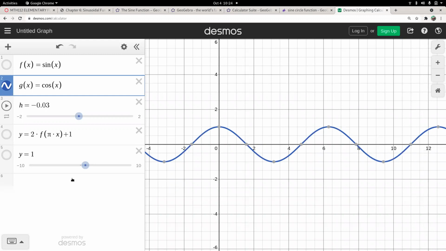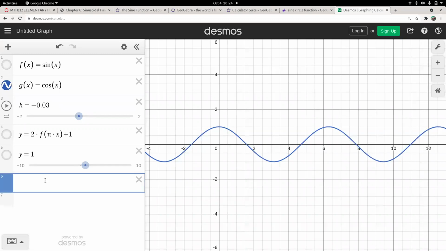So let's just make something up. Let's say I was using g there, g of 0.5, and I get a y value of 0.87758, and so on. My claim is if I add 2 pi to that, I'm going to get exactly the same y value.